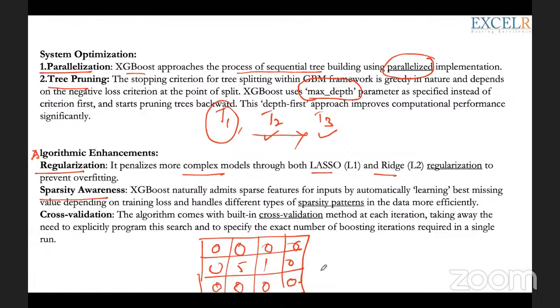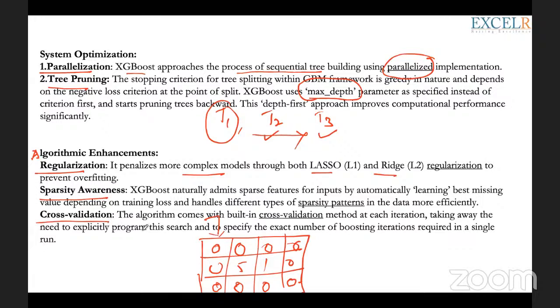That means most of the values are absent in the data set. The XGBM identifies the sparsity in the data set, and if the sparsity is very high in a feature or in a row, it tries to ignore or discard that row so that it speeds up the calculations.